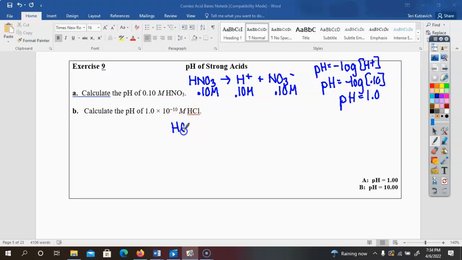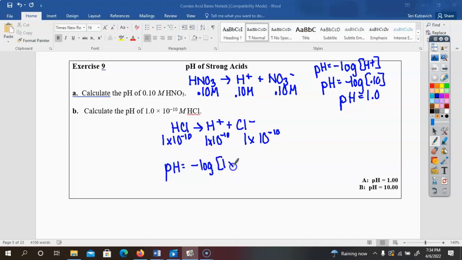Same thing here, strong acid. This is 1 times 10 to the negative 10th, which means this is 1 times 10 to the negative 10th, which means this is 1 times 10 to the negative 10th. Your pH is equal to the negative log of your hydrogen ion concentration, so your pH equals 10.